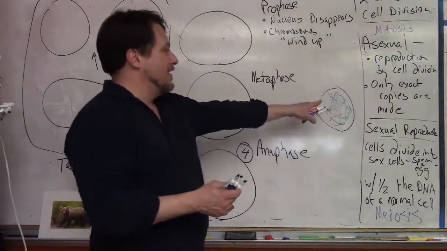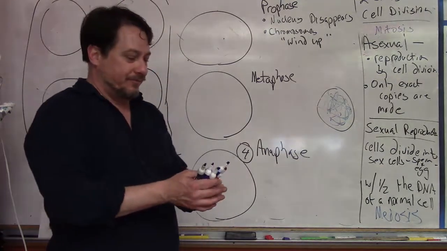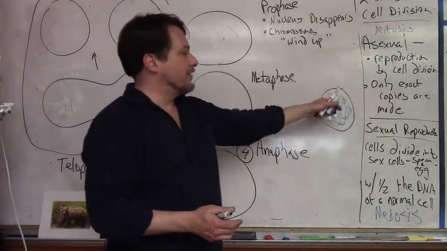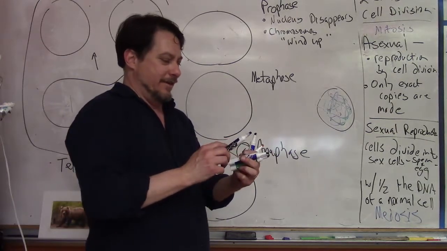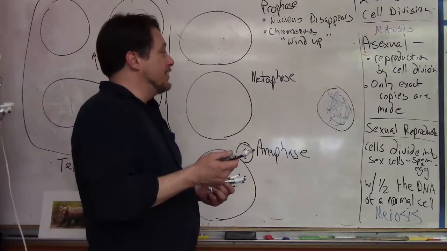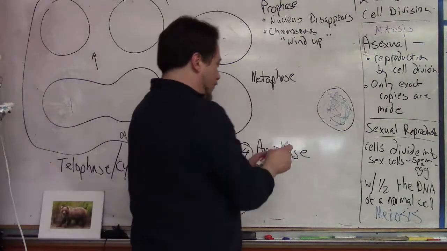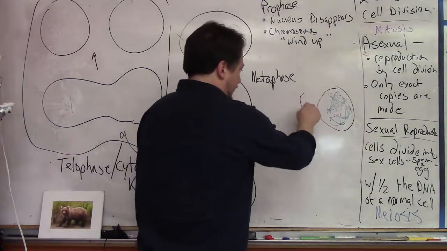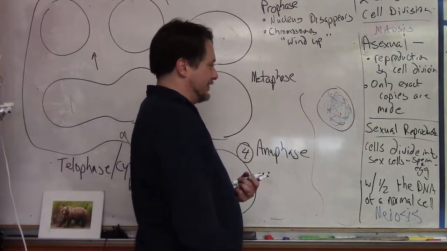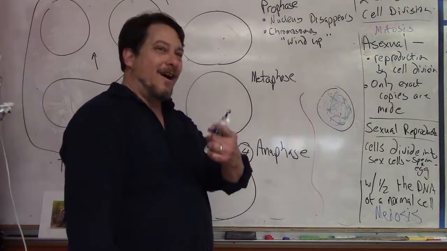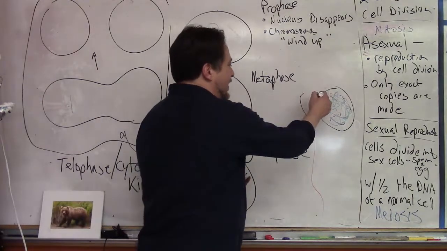And don't forget, at the end of interphase, what have all of these lengths of chromatin done? If I had the red chromosome, the red stretch of DNA here, what is that going to do by the end of interphase? They get copied, that's right. They make a copy of themselves.